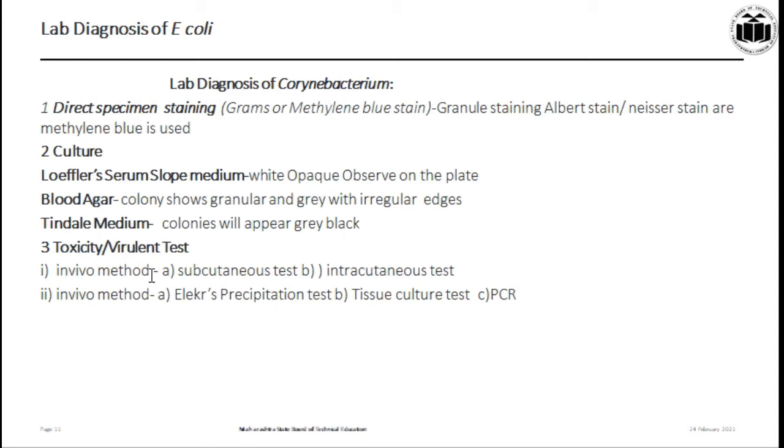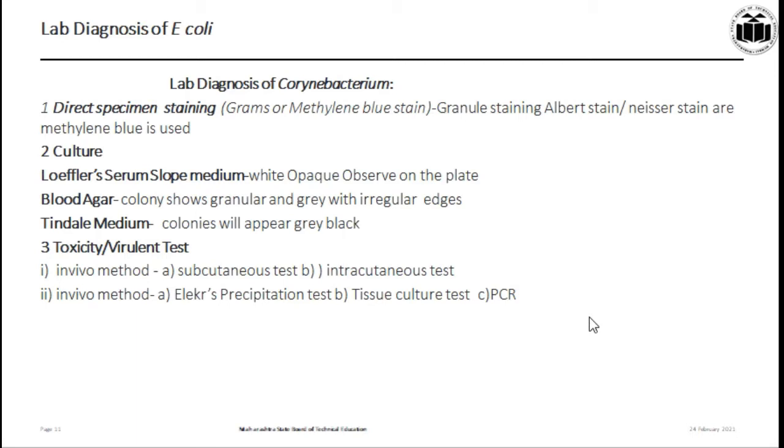If the death of the mouse takes place between 4 to 5 days or 7 days, it is confirmed that the Corynebacterium strain is virulent.